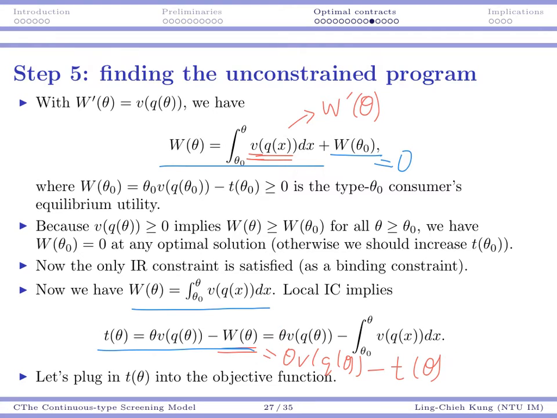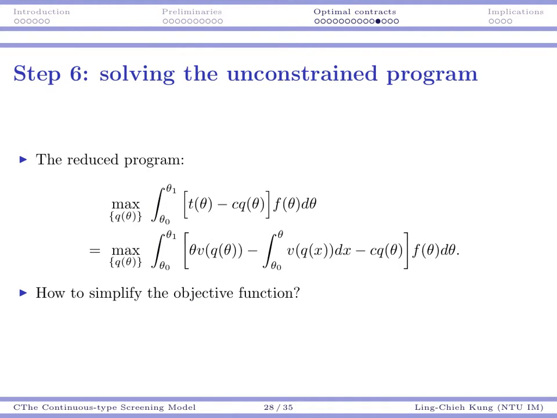So now let's plug T into our objective function and continue. Our program can be further reduced in this way. T is here, and I replace T by what we just derived. For every theta, T of theta should be exactly this, according to our derivation.